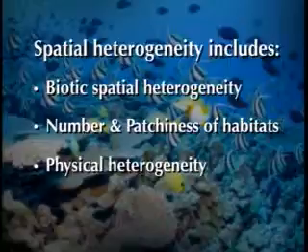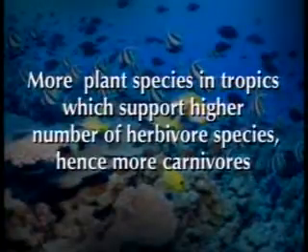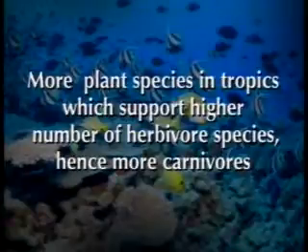Now, let me tell you, more plant species in tropics support a higher number of herbivore species, hence more carnivore species. That means more number of different species of plants, in fact, provides more number of habitats or hiding places for different kinds of other trophic levels.